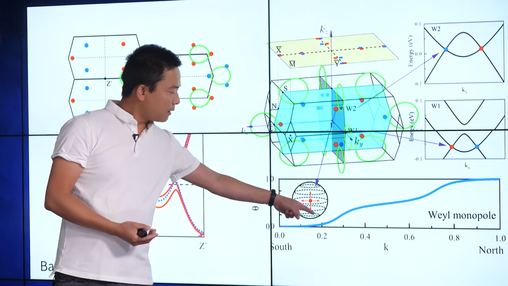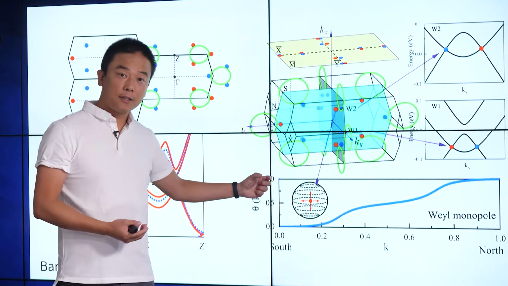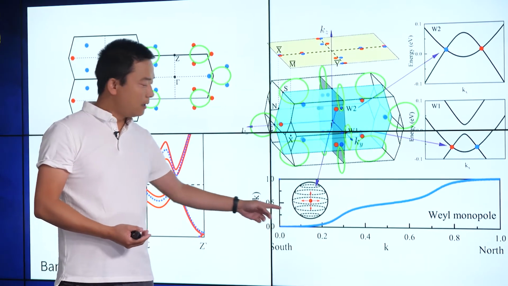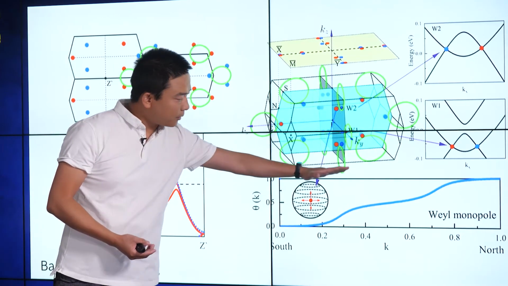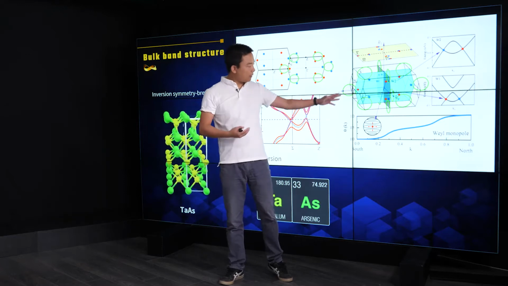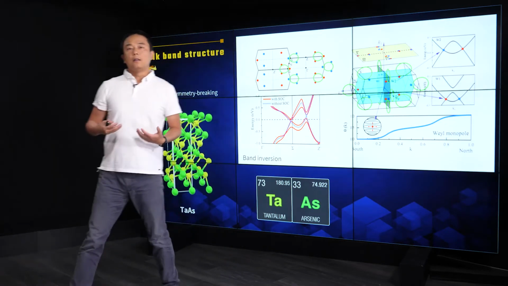For this sphere, we take every loop as the charge center. We calculate the theta, and we count all these loops, and we have a dispersion. The evolution is like the quantum anomalous Hall state, and this tells us this Weyl point is a monopole. It has a monopole charge of +1.